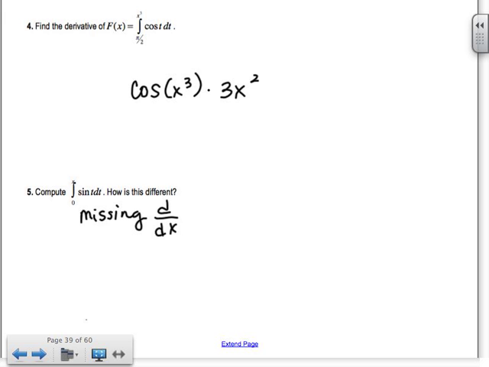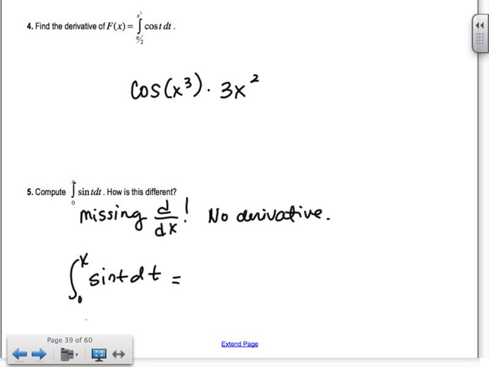It's missing the derivative, right? It's not saying take the derivative of the integral. So if you're finding this, you would do 0 to x of sine of t dt.